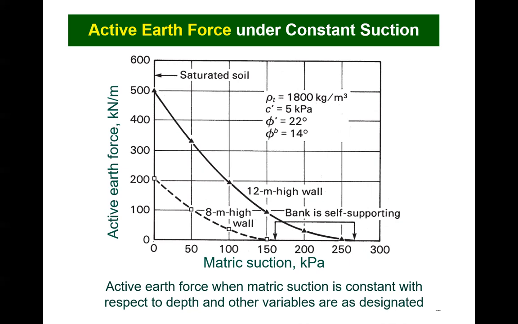The active earth force against the wall for intermediate values of suction are shown as dashed lines. The solid line shows what the active force would be against a 12-meter high wall. In both cases, the effect of suction on the forces against the wall are substantial.